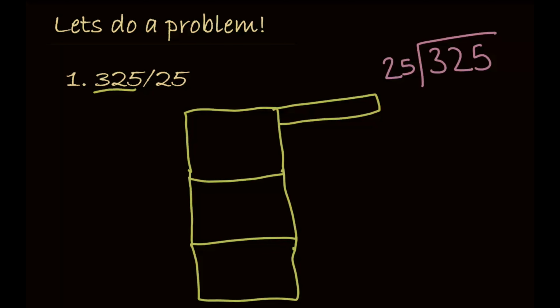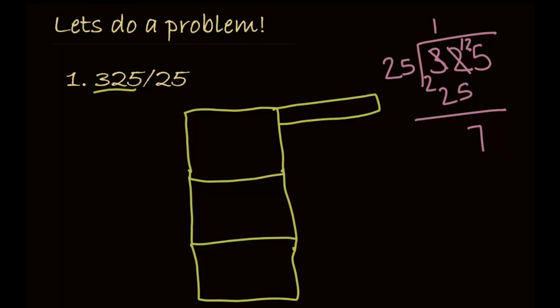25 times 1 is 25. Then 32 minus 25. 2 minus 5, not possible. This becomes 12, and 3 becomes 2. 12 minus 5 is possible.